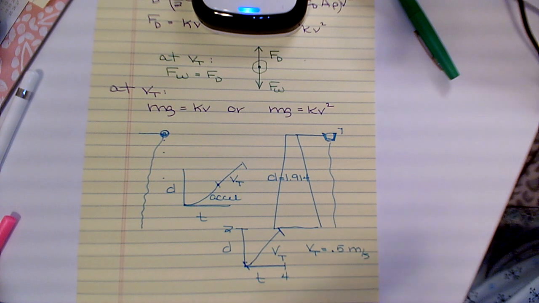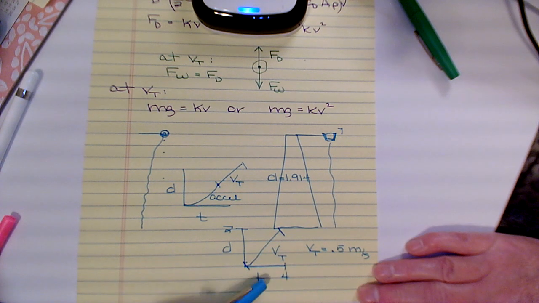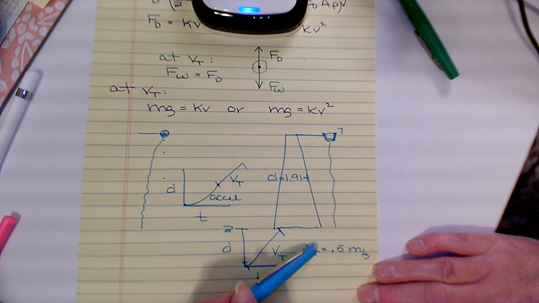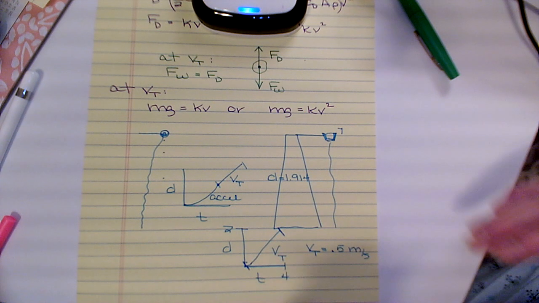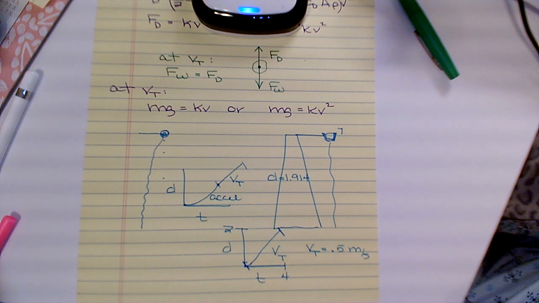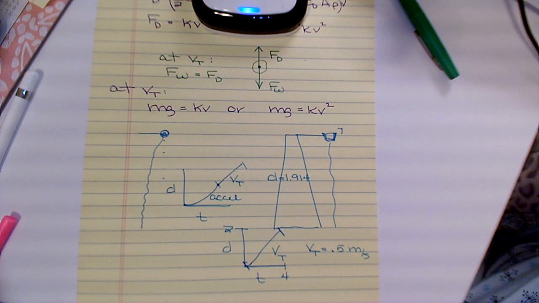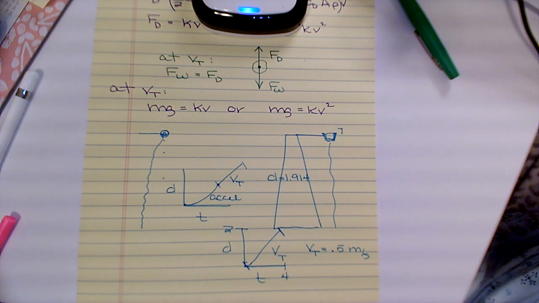So I can use just plain old distance over time to come up with the velocity because I dropped something very light, so I know it's going to be at terminal velocity very quickly.